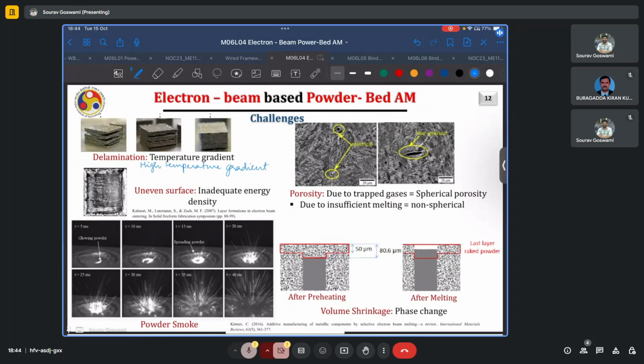So, over a small distance between the top of the powder layer and, say, the build plate, you suddenly have a very large temperature difference, or a very high temperature gradient.